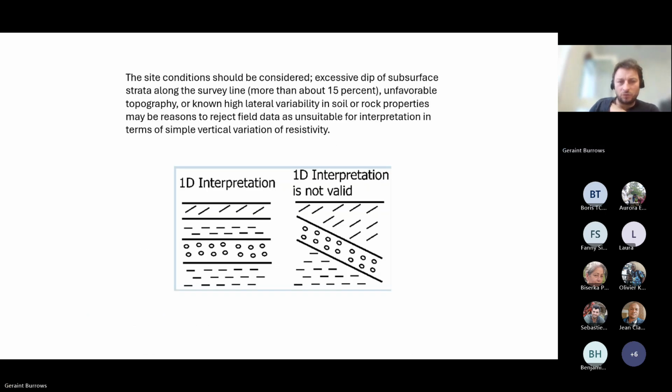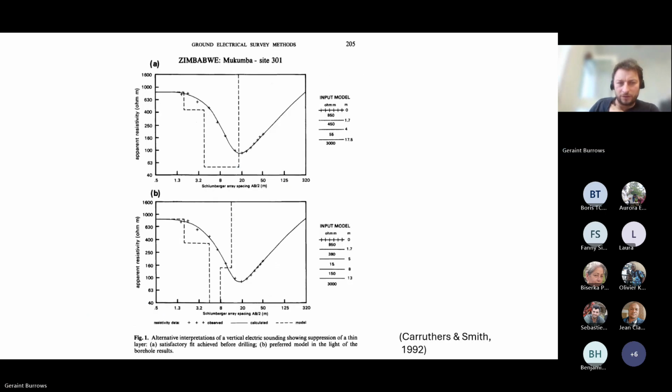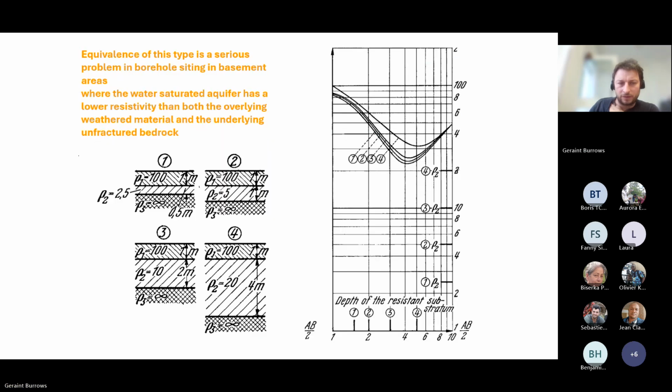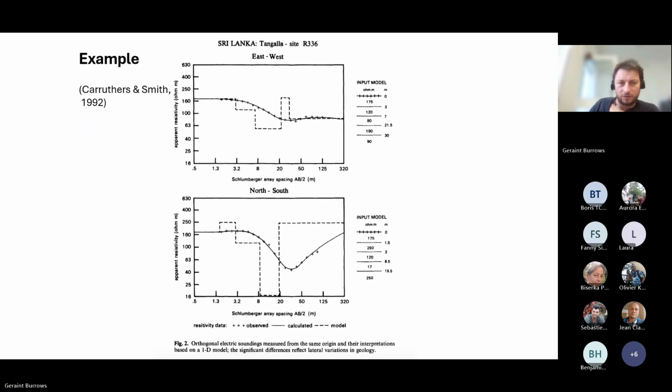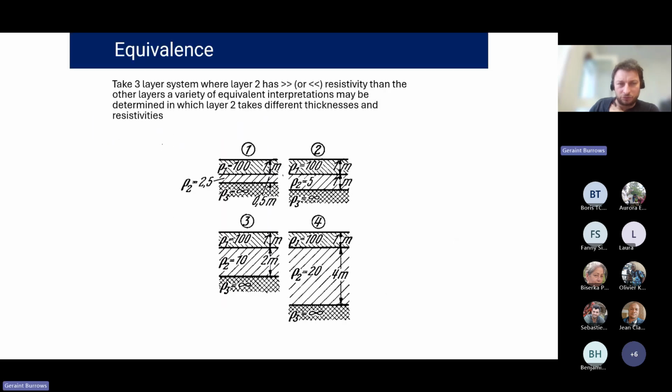So we talked a little bit about the lateral variation.